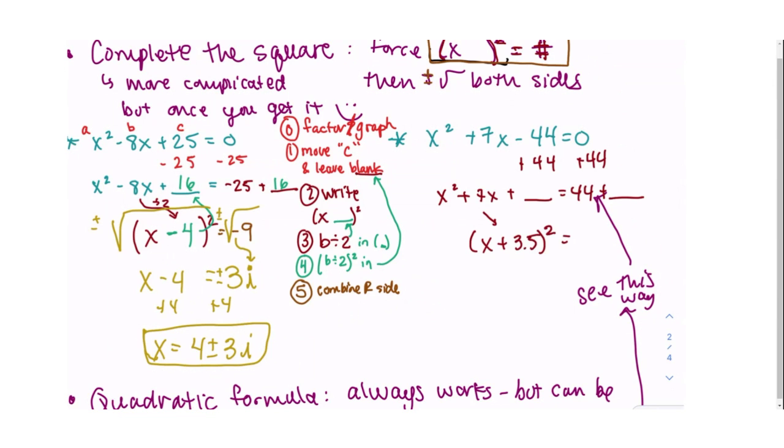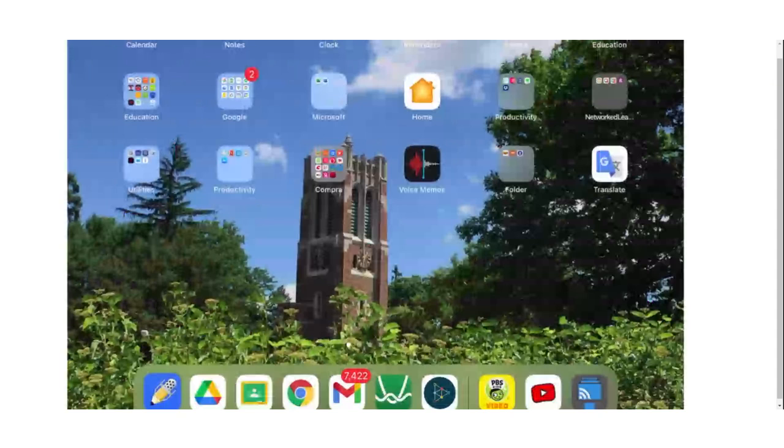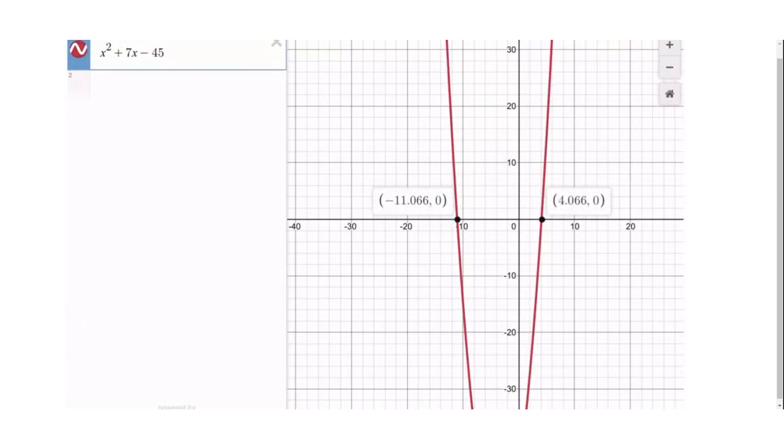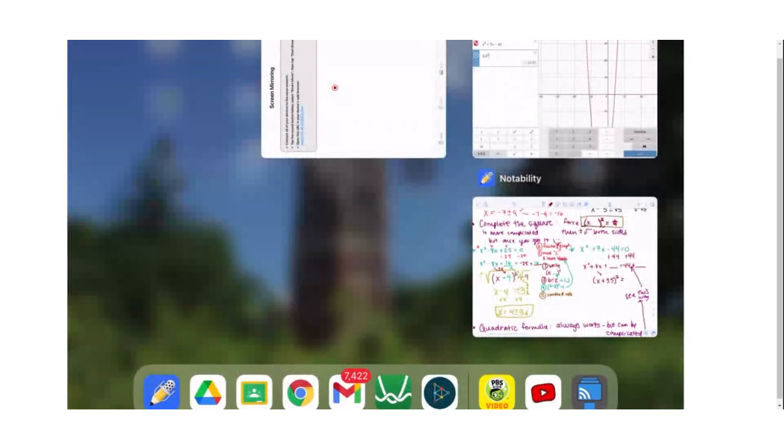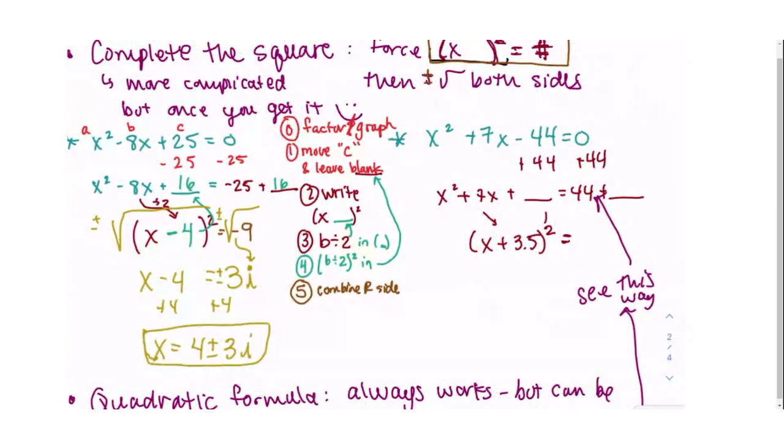squared equals, and then before I can put what it equals, I have to add what 3.5 squared is. If you're like me, you don't have 3.5 squared memorized. If you did, then you are awesomer than I am. 3.5 squared is 12.25. So we're going to put that up there.